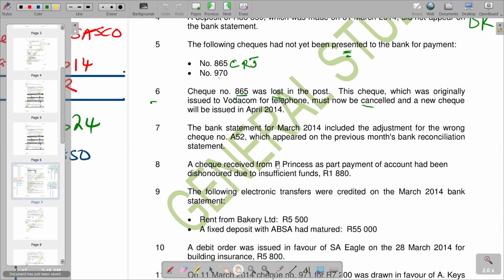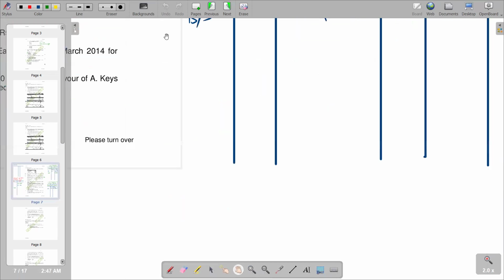So it was a check received. So it means it was on the debit side of the bank account. That is under the cash receipts journal. But now, since it was dishonored, now we need to go to the opposite, that's the credit side, to remove it. So the credit side becomes the cash payment journal. So you've got 1,880 under the cash payment journal, and you see that it was received from P Princess under the details. P Princess 1,880. So we go to the cash payment journal.